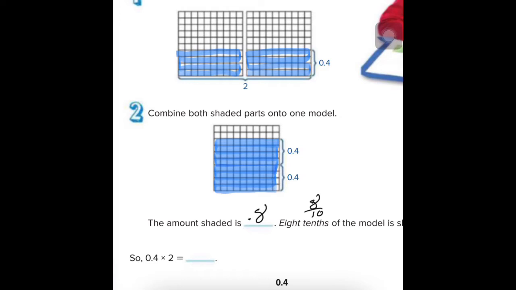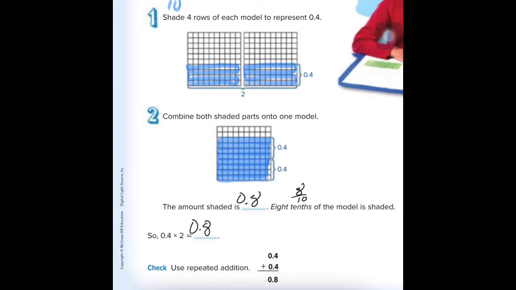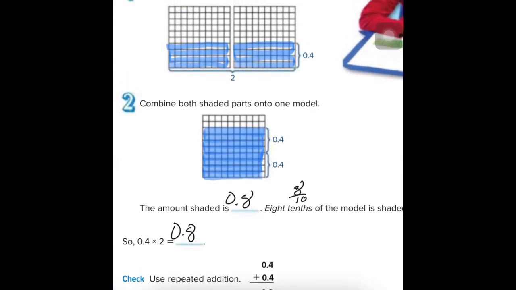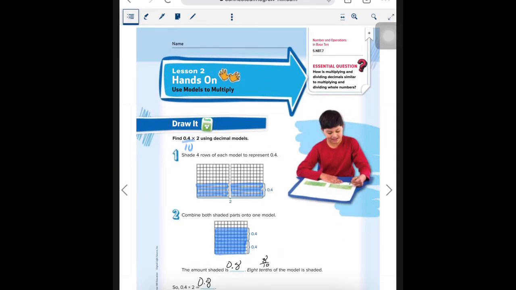So we can know that 0.4 times 2 equals 8/10. We could use repeated addition and do 4/10 plus 4/10 equals 8/10.